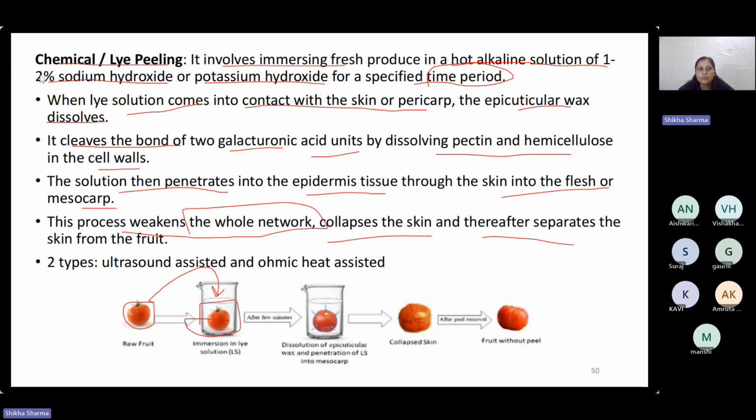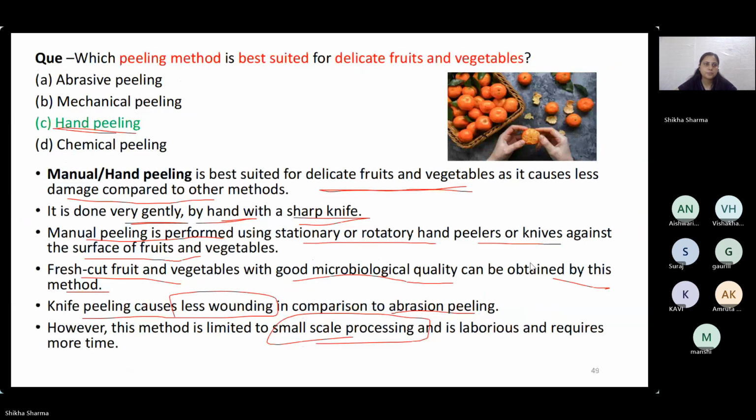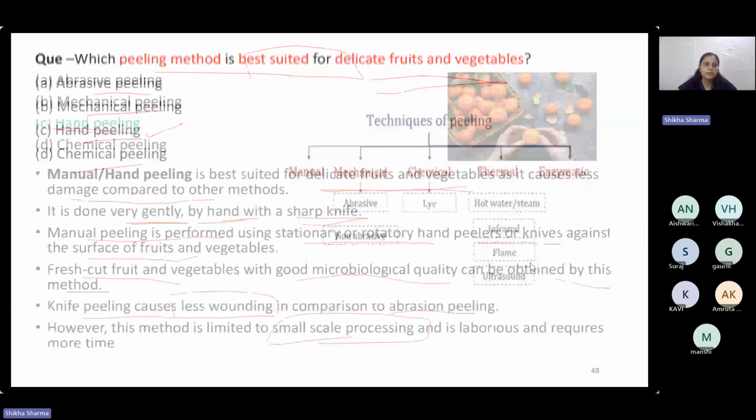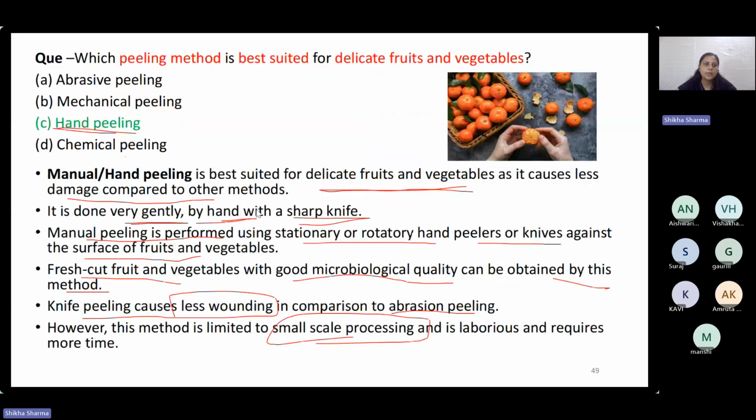It can be done with ultrasonic assisted methods, and also with ohmic heating. So this is the chemical method, but the best peeling for delicate fruits is hand peeling.